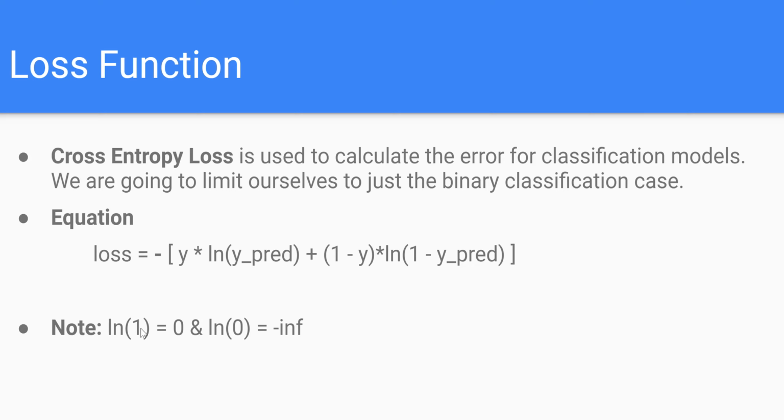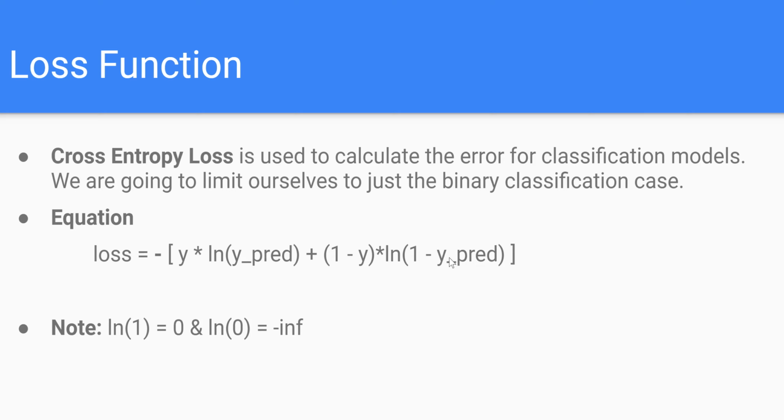But imagine that y is equal to 0, and our model's prediction is equal to 1, right? So right here, since y is equal to 0, we don't care about this side. We only care about this side. So y is equal to 0, so this right here is going to be equal to 1. So all we care about is this right here. So our loss is going to be the negative of the natural log of 1 minus our prediction, which was 1.